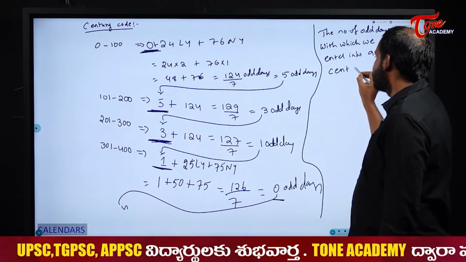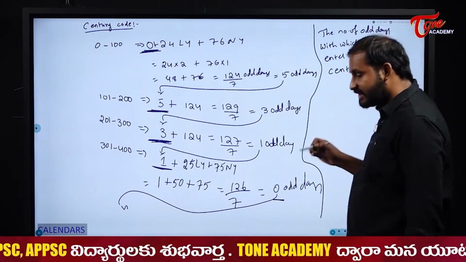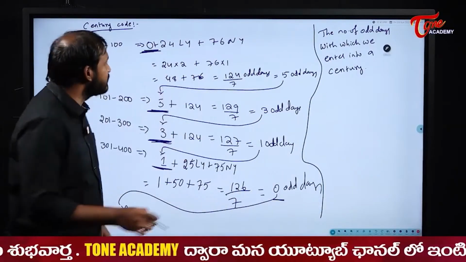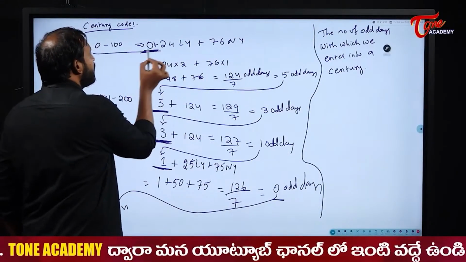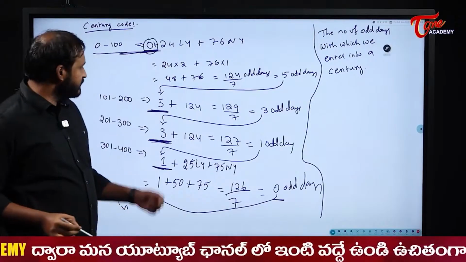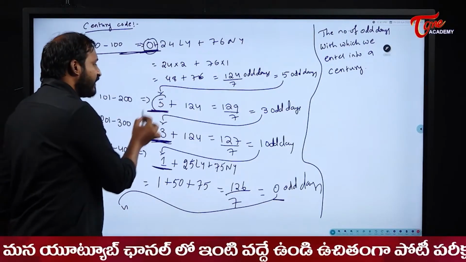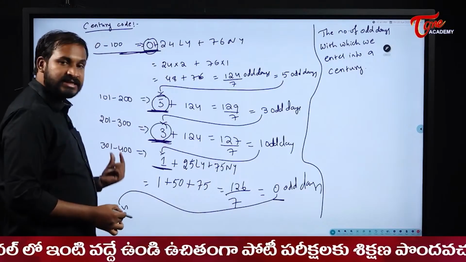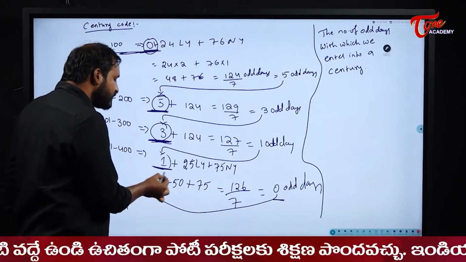Now see here, students: not the odd days which are generated in that century, but the odd days with which we are entering. That means the century code for 0 to 100 is 0. The century code for 101 to 200 is 5. For 201 to 300 it is 3. For 301 to 400 it is 1.